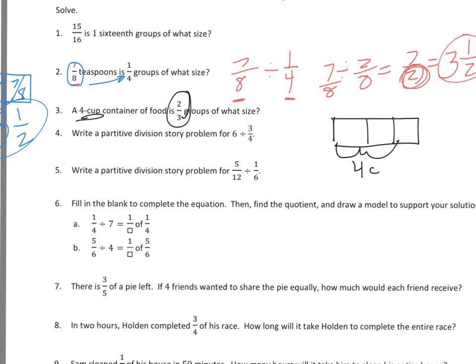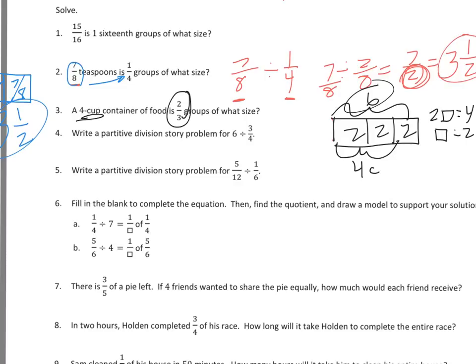So if 2 boxes equals 4, 1 box equals 2, because 2 plus 2 is 4. So how much is in the whole group? If each of those boxes were 2, there'll be 6. So that's my answer for 3. The size of the group is 6.